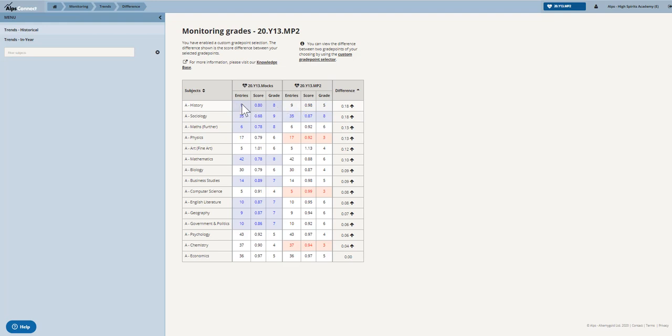Now if we look at history here then, we've got 9 entries, and that difference is 0.18. Now, 0.2 is 1 grade per student. Okay, so what the history department are in effect telling me is that the difference between the mock raw results and the MP2 or the predicted outcome that they're saying at the end of the year is a grade per student.